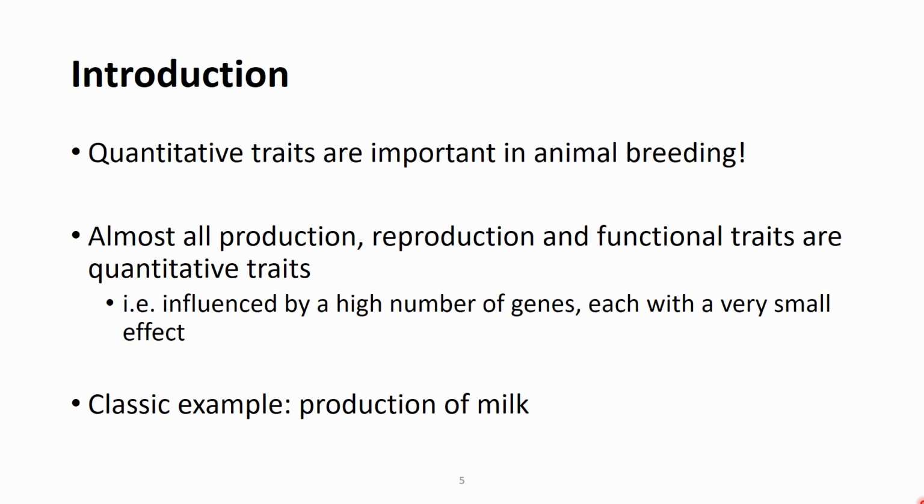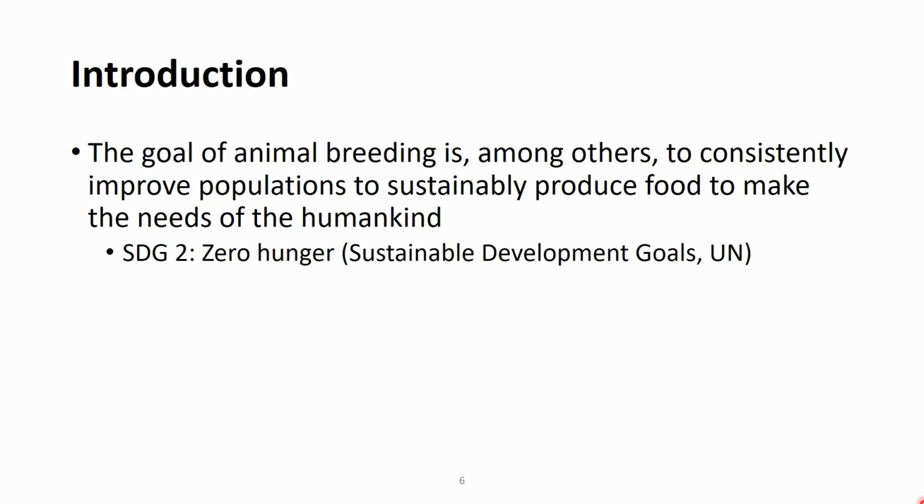As I mentioned, there are many quantitative traits, but to make it easy and straightforward, I will use the classic example of milk production. The most important role of animal breeding is, of course, food production. We need to consistently improve the populations so we can sustainably produce food that fulfills the needs of mankind.